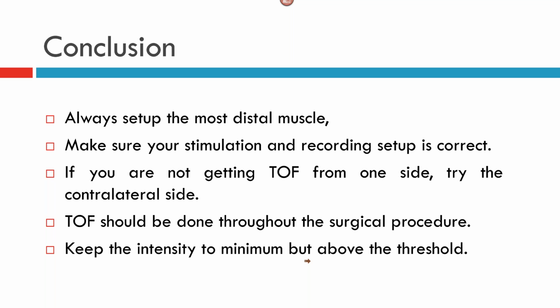If you're not getting train of 4 on one side, try the contralateral side. If you're not getting it on the contralateral side, try the other limb. At least you will know your muscle is working and your setup is working. And train of 4 should be done throughout the surgical procedure, even if muscle relaxation is not given. Many times people argue that no muscle relaxation was given, so why do I need to do train of 4?